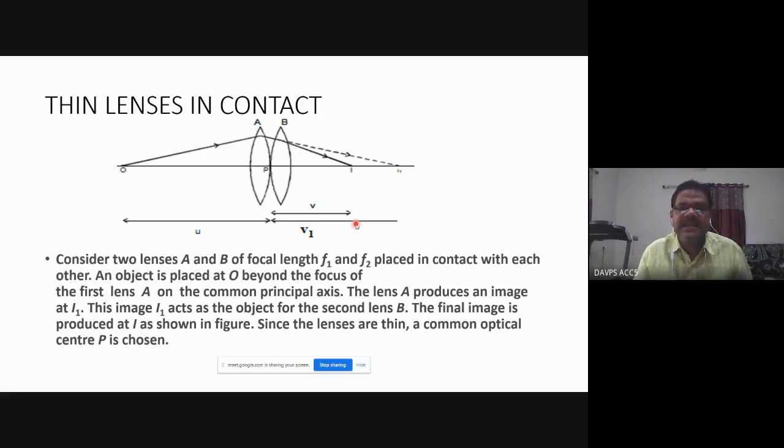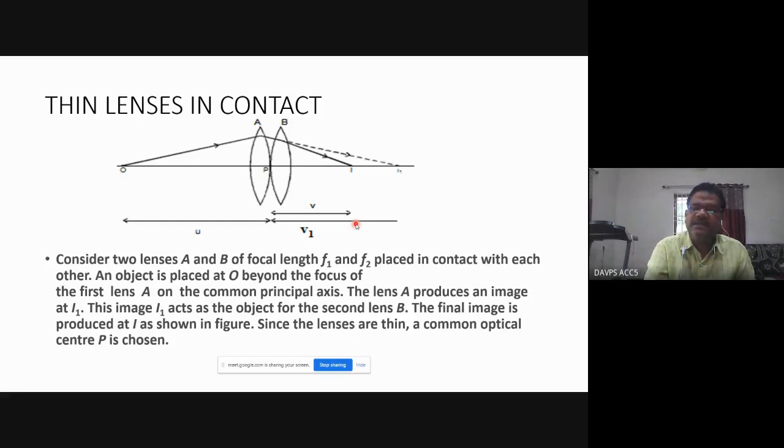Consider two lenses A and B of focal lengths f1 and f2 placed in contact with each other. An object is placed at O beyond the focus of the first lens A on the common principal axis. The lens A produces an image at I1.